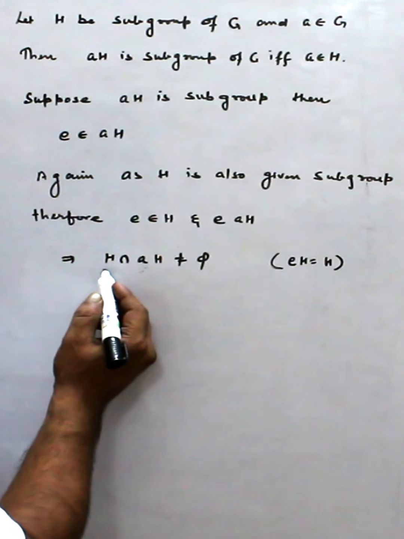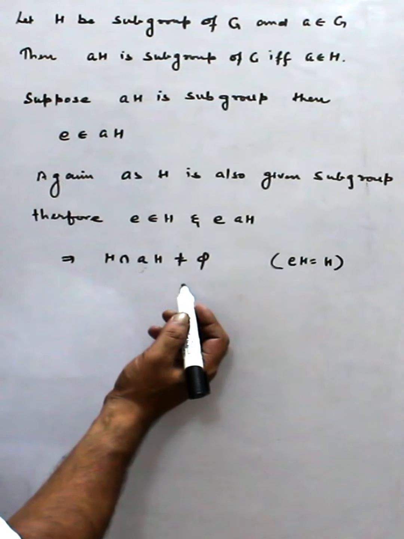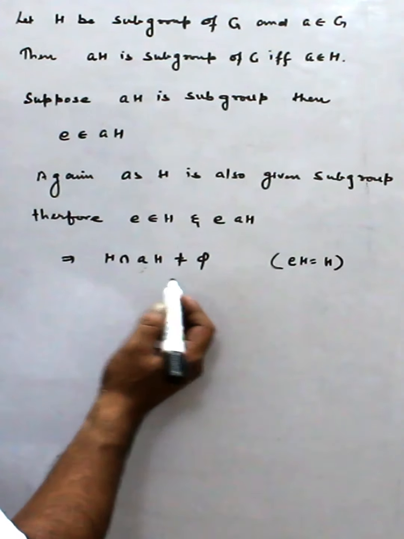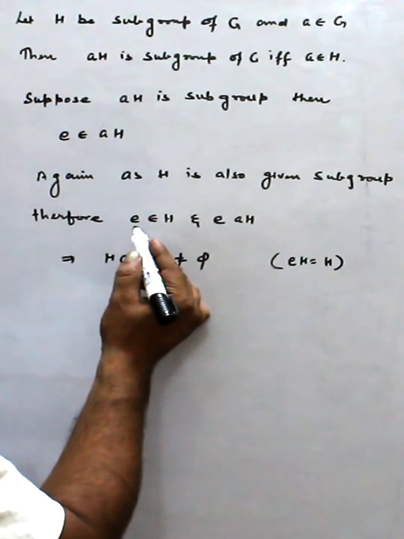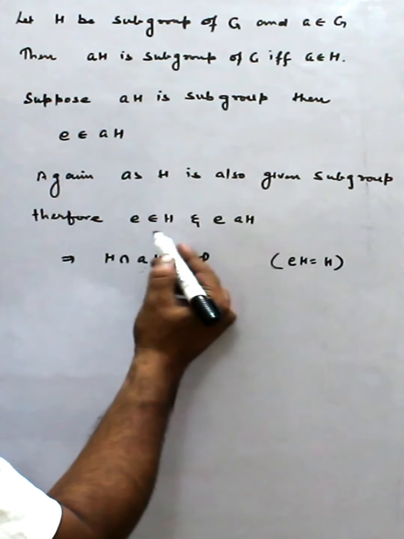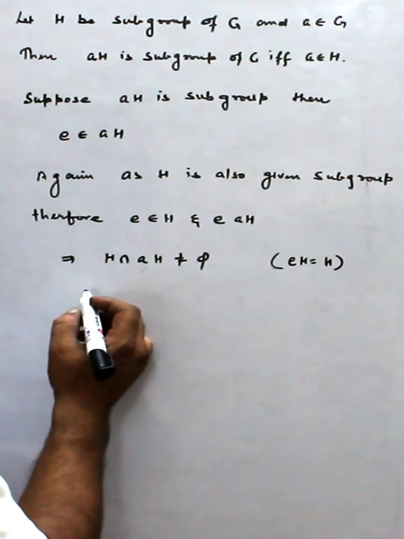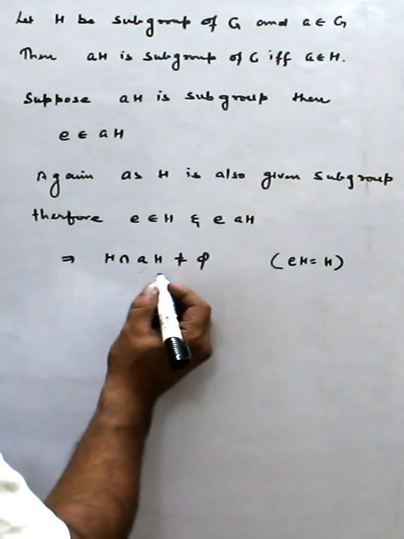So two cosets are either identical or disjoint, but because the identity E is the common element, they are not disjoint, so they are identical.